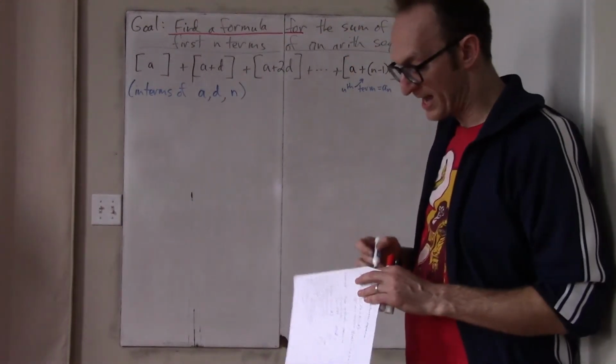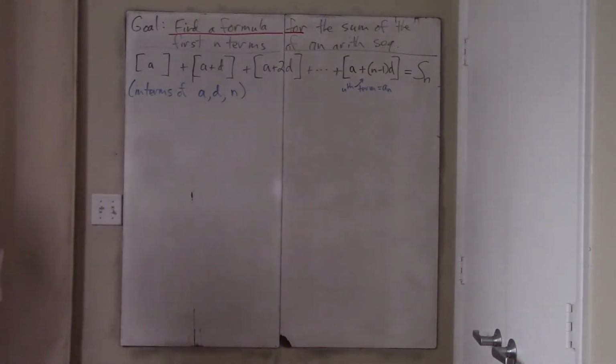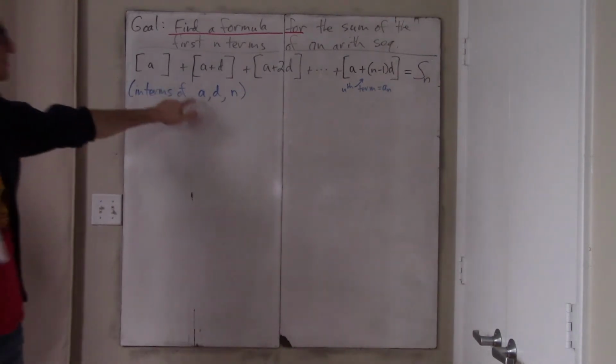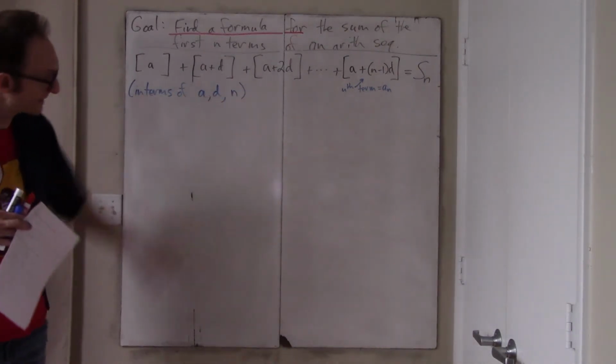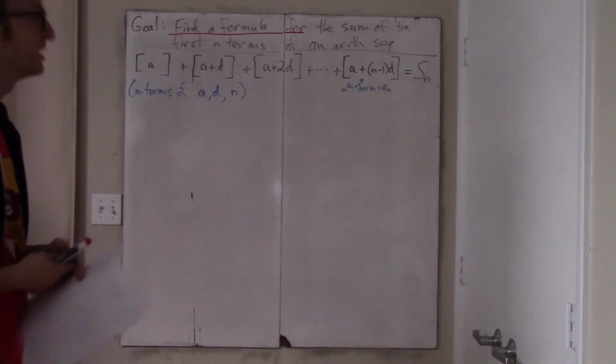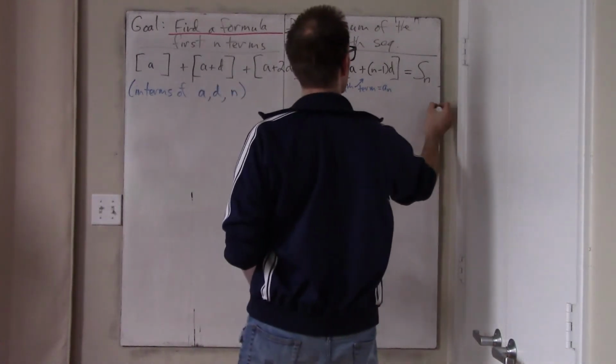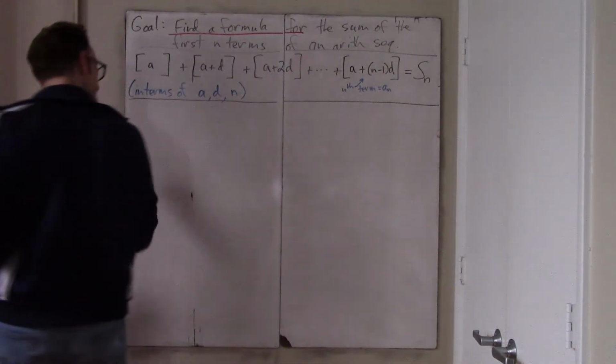Now I think I have a better sense of what's going on. So, goal: find a formula in terms of a, d, and n, which represents the entire left-hand side of this thing.